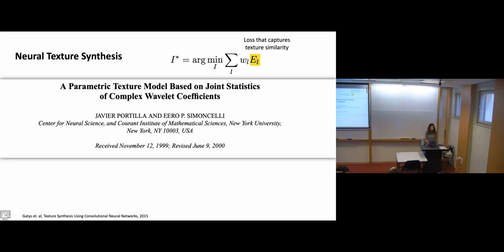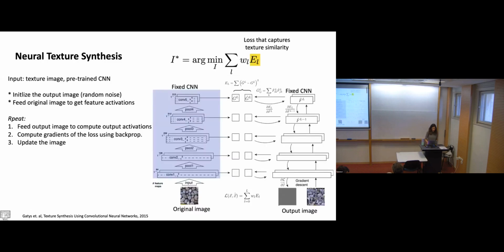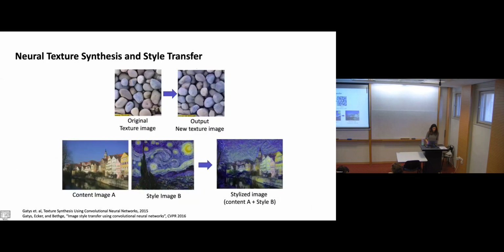And more concretely, let's go back to this image just for intuition. The type of textures that we are targeting here are textures that you can think about as a stationary process. The spatial location doesn't really matter.